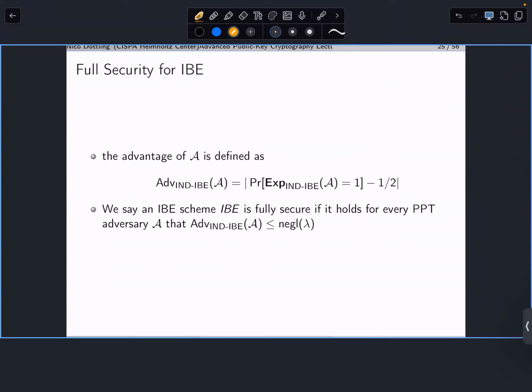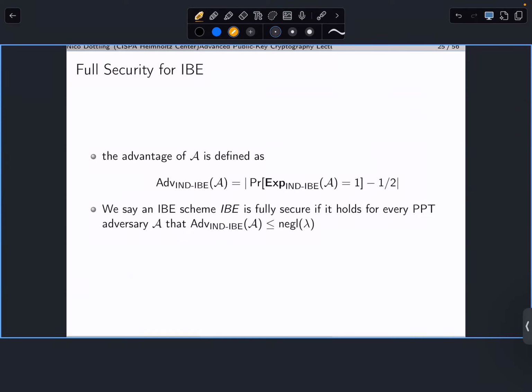Winning probability 1/2 we can always achieve by blindly guessing, so we just measure how much better than 1/2 our adversary is. And we say that an IBE scheme is fully secure if every PPT adversary only has negligible advantage.